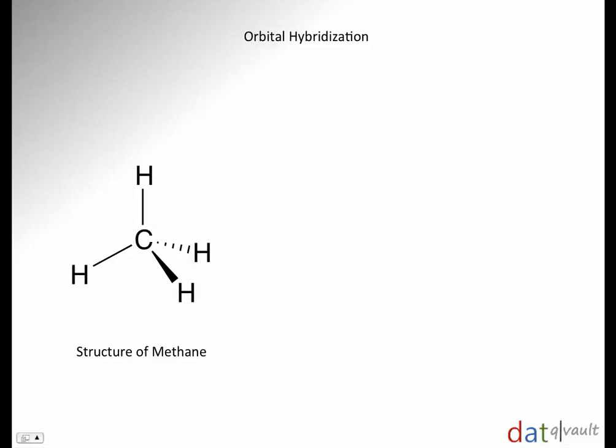In general, we know that carbon forms 4 bonds pretty much to any particular atom that we want it to. Also, the bond angle in methane, the angle between 2 hydrogens, is 109.5 degrees. These are 2 really important things that we need to remember about methane when talking about orbital hybridization.